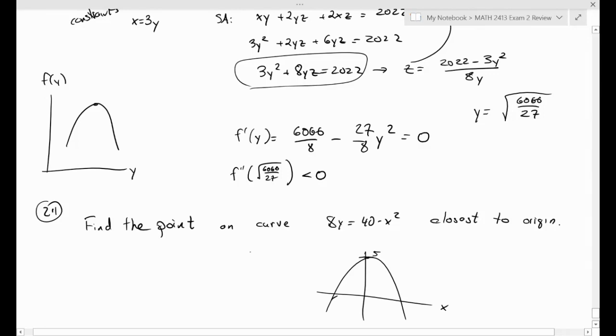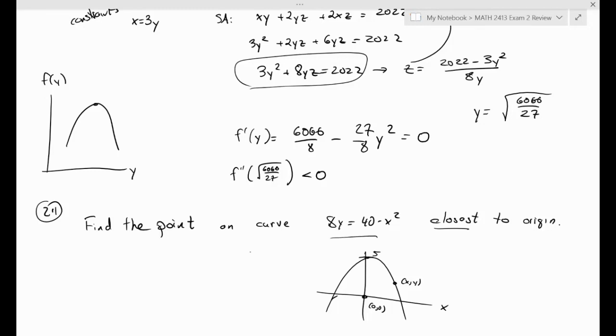So that's kind of the picture of the curve, and we want to find a point on the curve which is closest to the origin. So what's our objective function that we know? What's the function that we want to optimize in some way? Closest, yeah. It's the distance between the 2 points.